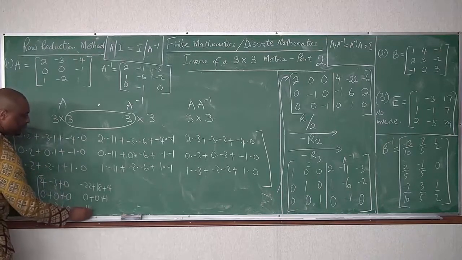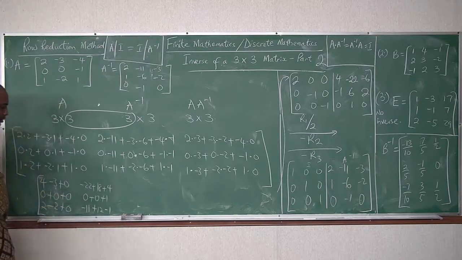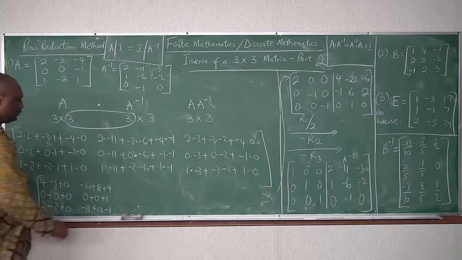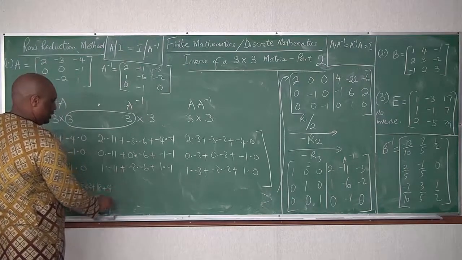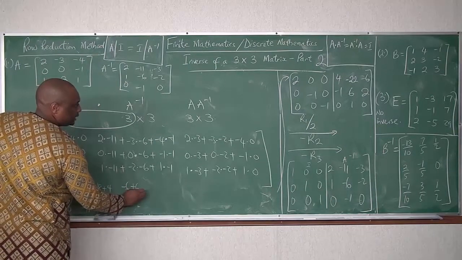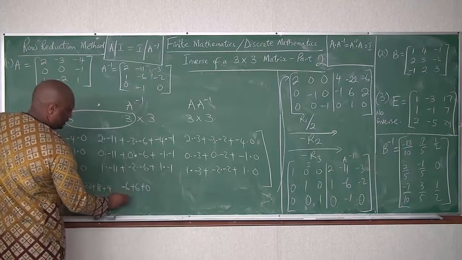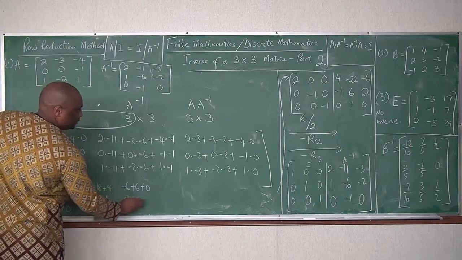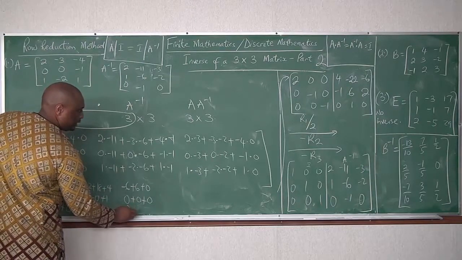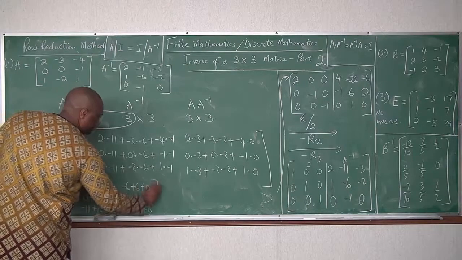Then this is negative 11 plus 12 minus 1. Then this is negative 6 plus 6 plus 0. This is 0 plus 0 plus 0. And this is negative 3 plus 4 plus 0.